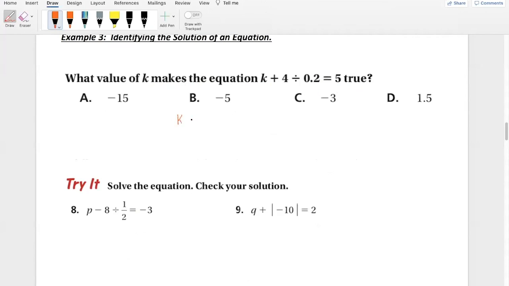So we can say k, and if I do this part of the problem here, 4 divided by 2/10 would be 20. Equals 5.